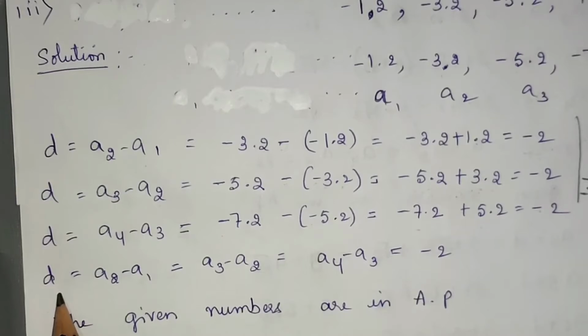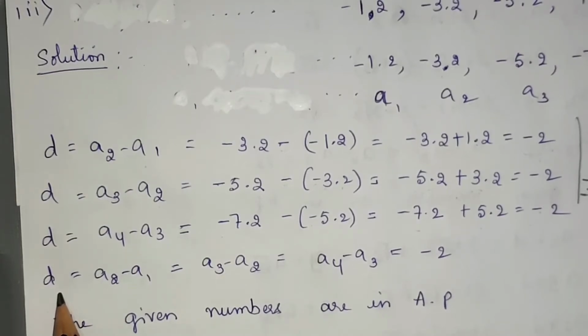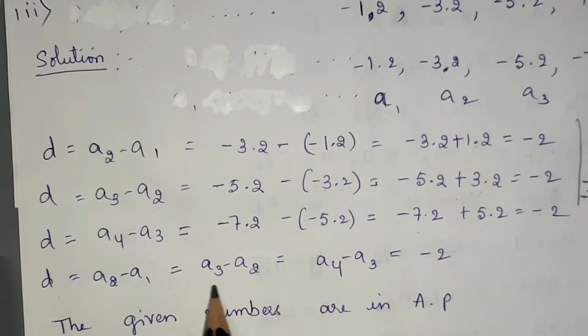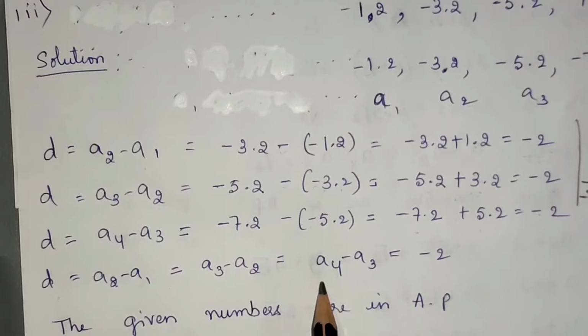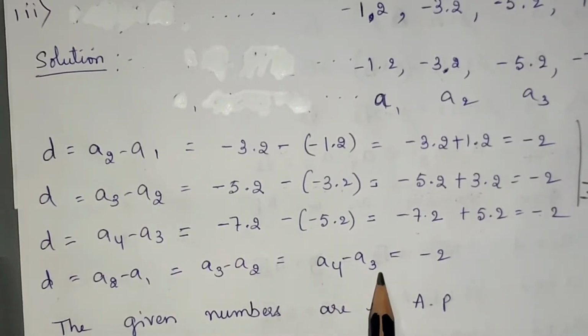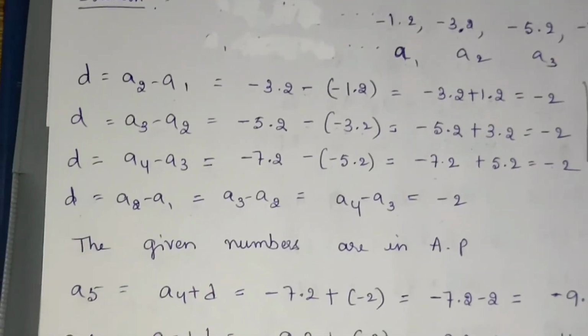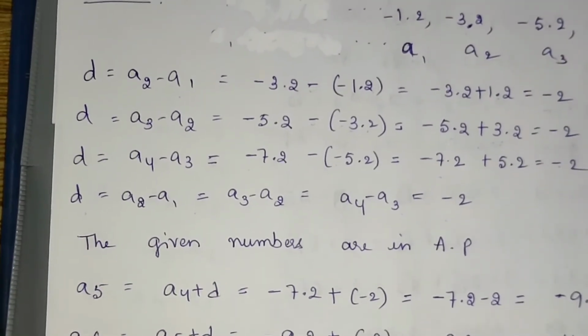Hence, you have to write common difference is equal to d2 minus d1, that is equal to d3 minus d2, that is equal to d4 minus d3, all are equal to minus 2. Hence, the given pattern is in AP.